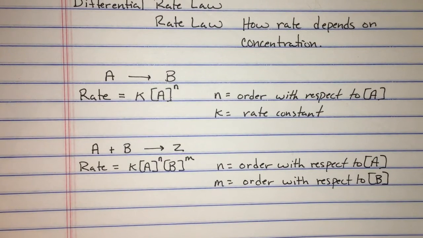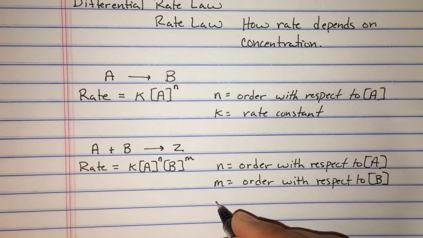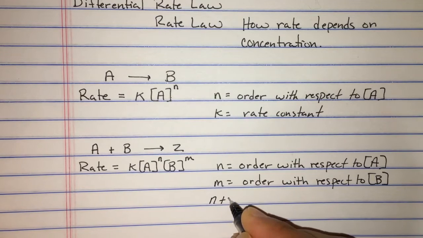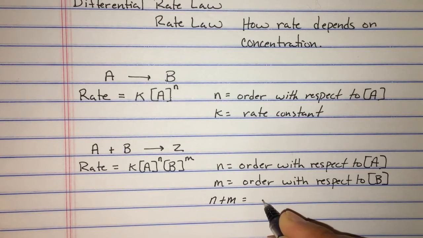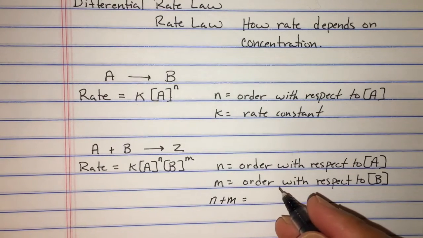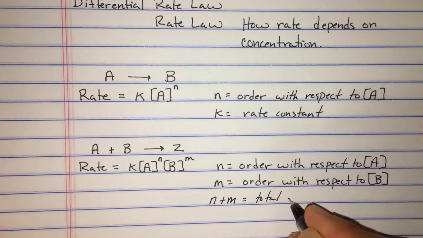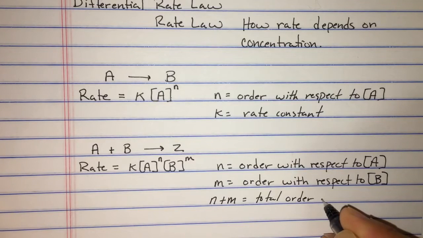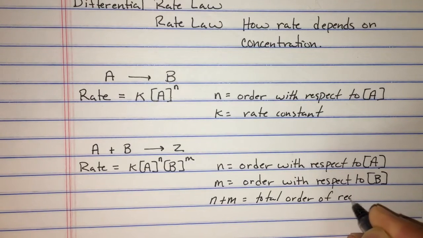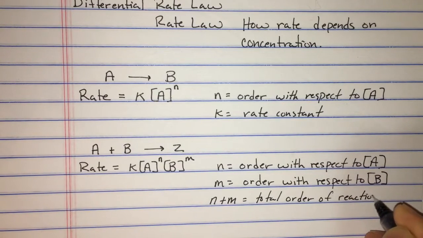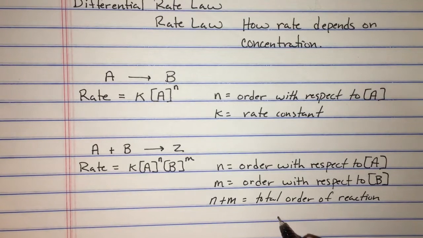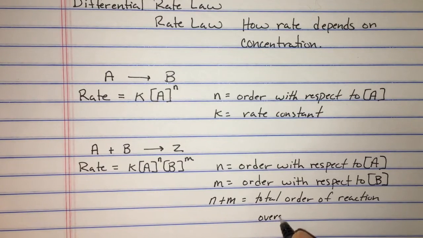Again, sometimes they're the same, sometimes they're different. But now that we have multiple orders, we have the total order of the reaction. N plus M is the total order of the reaction, or overall order.